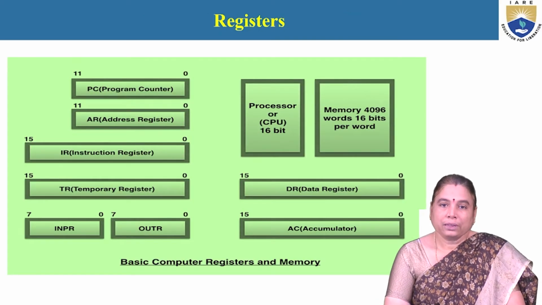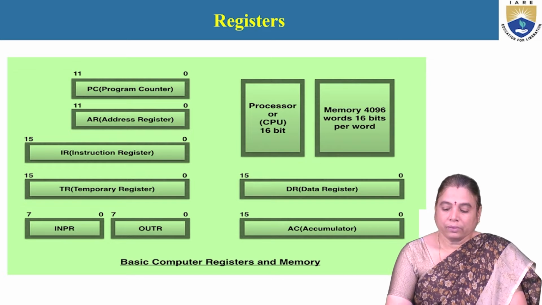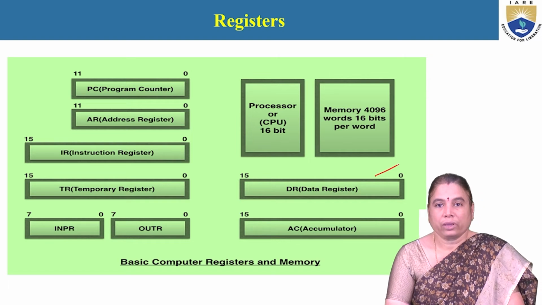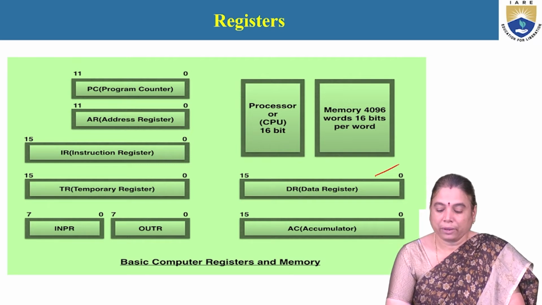In the computer, there is a set of predefined registers. One is the data register, which is of 16-bit storage capacity. The data register can hold the data that is written and read or fetched from the memory.